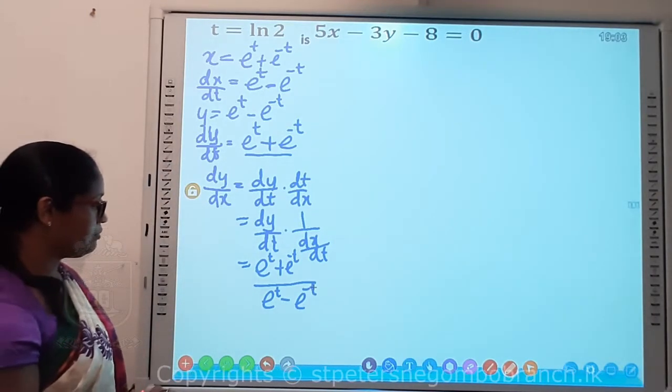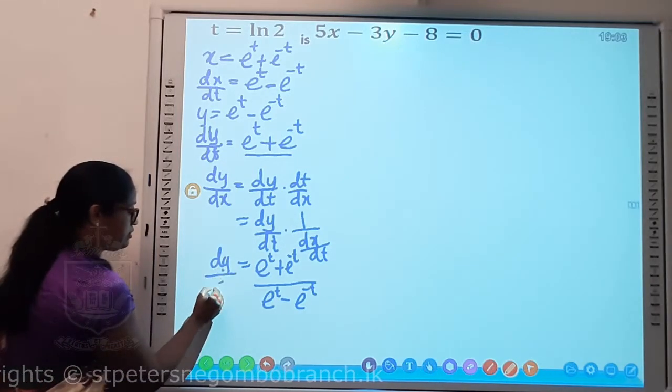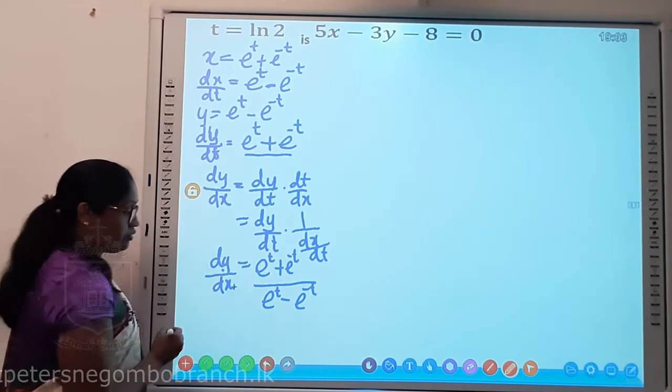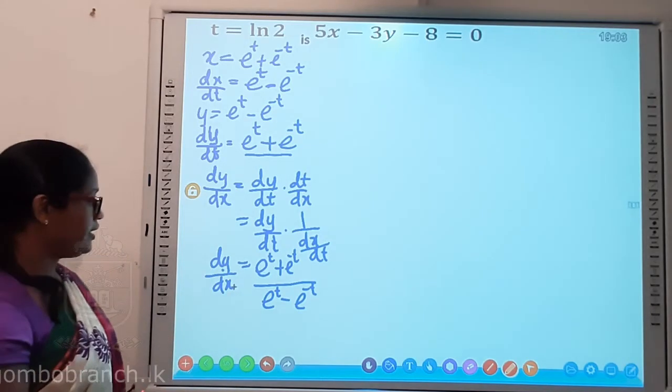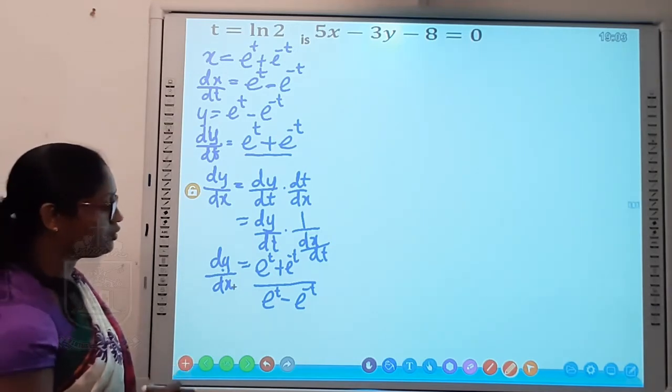Now can we simplify this? Anyway, we'll leave the answer because there is nothing to prove. We just want to obtain dy over dx.